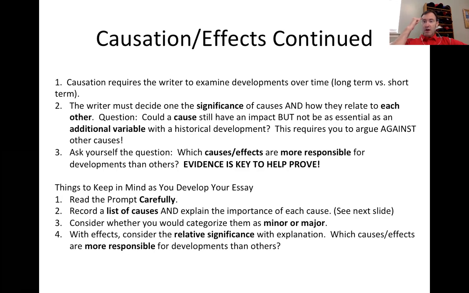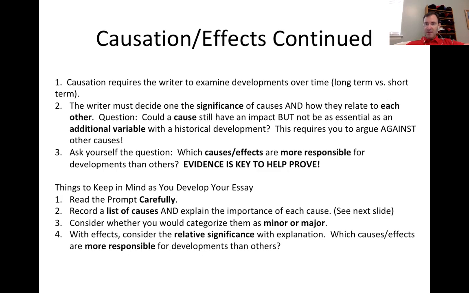So what's the point? Some historical developments might lend themselves more to long-term than to short-term. So you, as the young, up-and-coming historian, have to make a decision about how you're going to categorize those, why, and more importantly, how you're going to use them as significant developments. Is one cause more significant than the other? Why is that a big deal? A line of reasoning with your thesis might allow you to suggest that different causes are all significant.